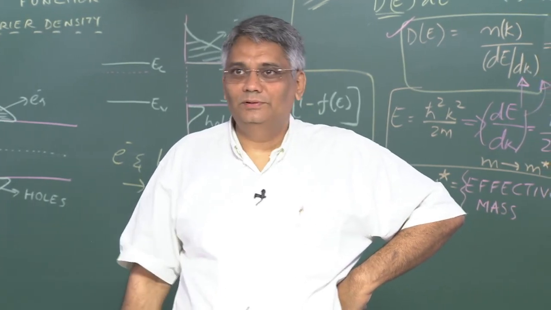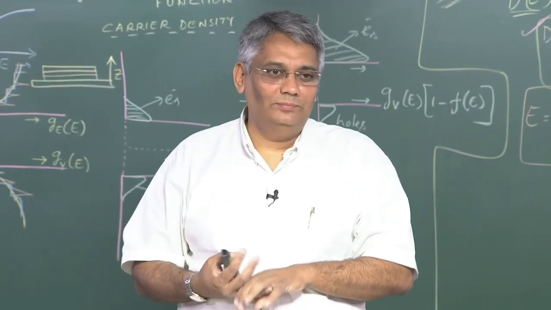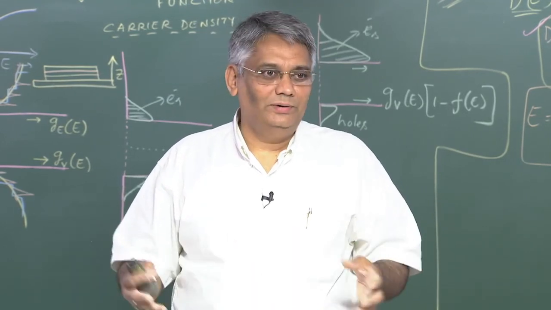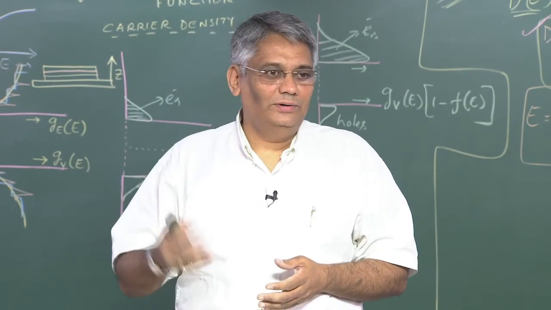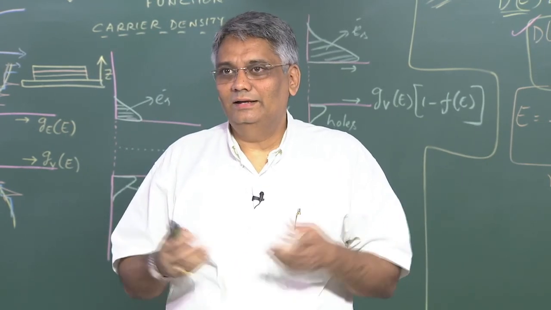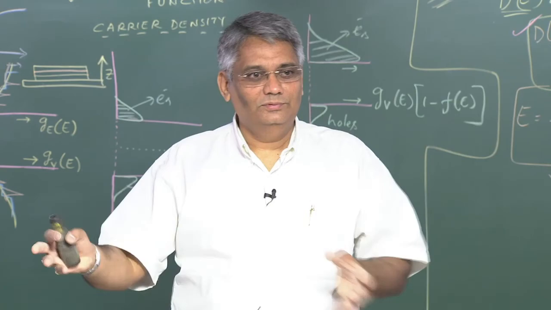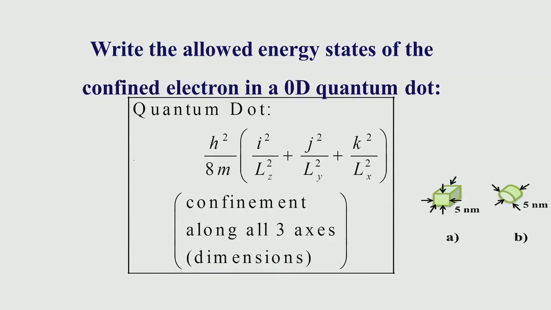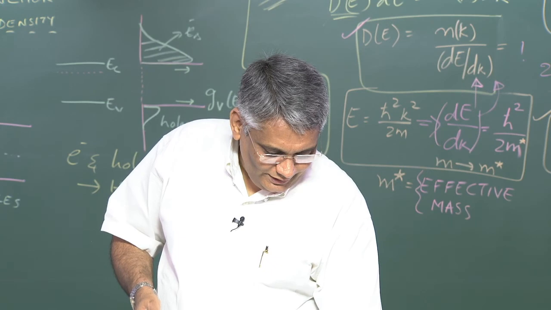So it's simply this term, you have h²/8m times (i²/Lz² plus j²/Ly² plus k²/Lx²). So confinement along all three dimensions. There is no free energy term here, right?